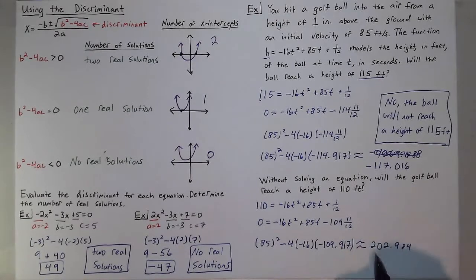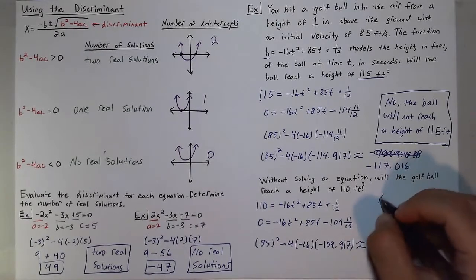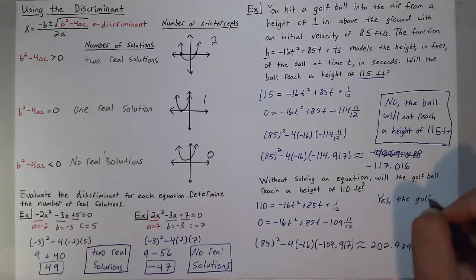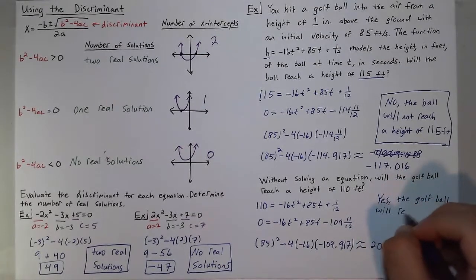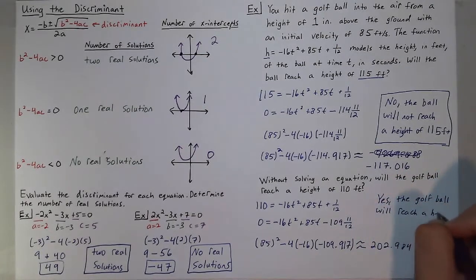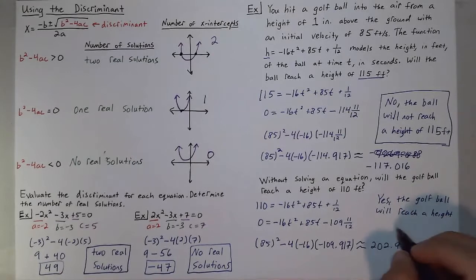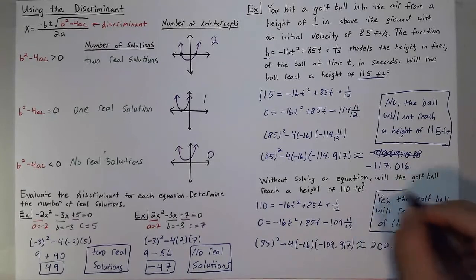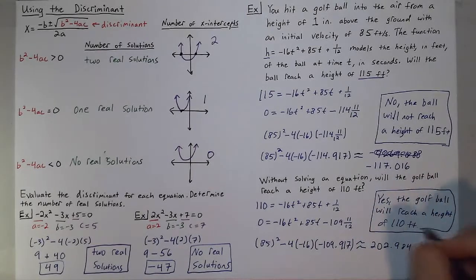Now that is a positive discriminant, so yes, the golf ball will reach a height of 110 feet. So again, I never really had to solve. I just had to learn if I could, and it can. And that is how you use the discriminant.